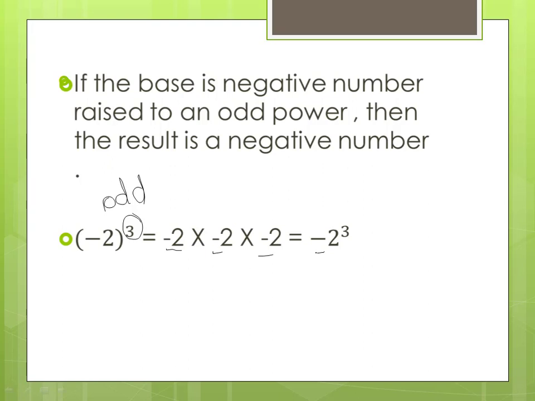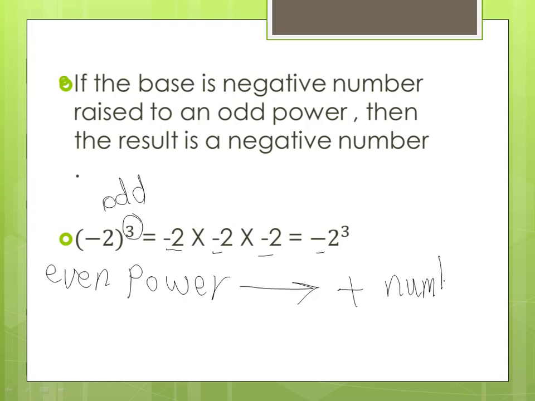So again, even power gives a positive number, and odd power gives a negative number.